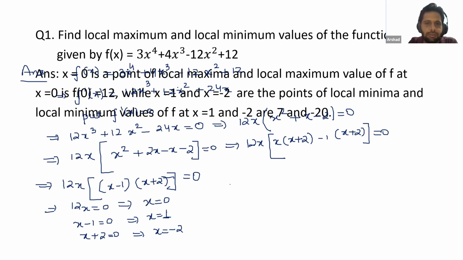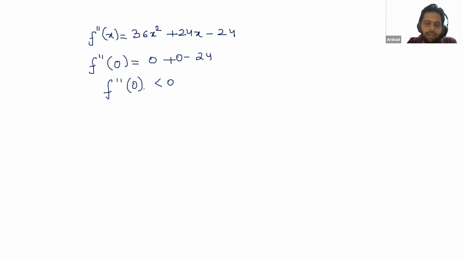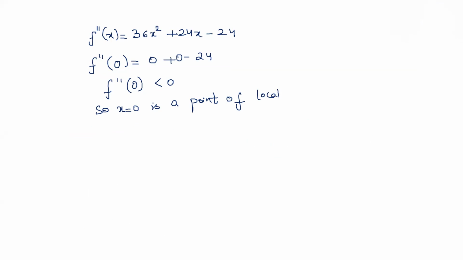In the question, they're saying find the local maxima and local minima of the function. So f double dash is less than 0, so x is equal to 0 is a point of what? Local maxima or minima? Again, please check your rule.